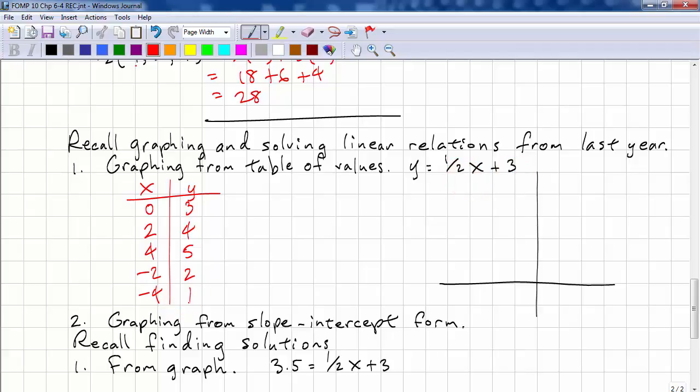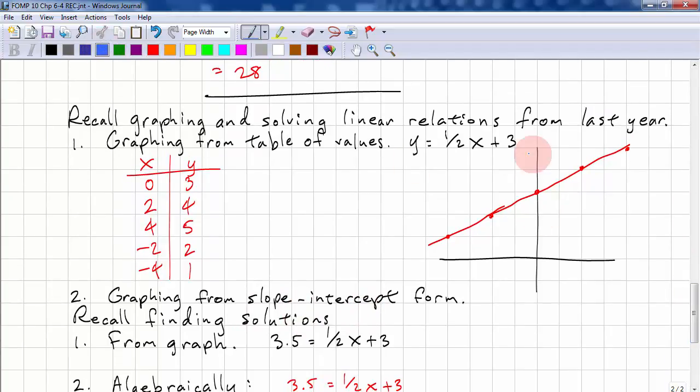Now we can plot these values. So we have 0, 3. We have 2, 4, and 4, 5. We have negative 2, 2, negative 4, 1. And here's our line. Okay, another way to do this is to graph from slope-intercept form.